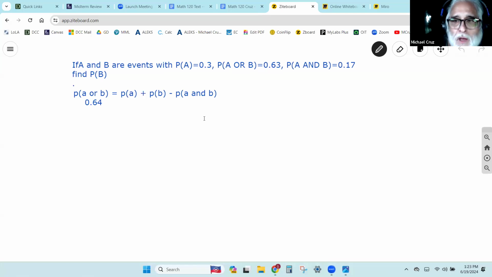The probability of A is 0.3. We don't know this value. We're going to try to find it, but they are giving us this, which is 0.17.